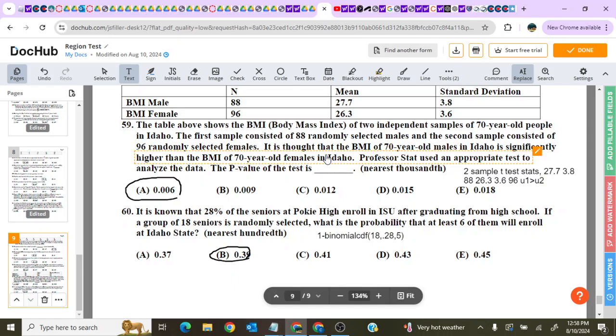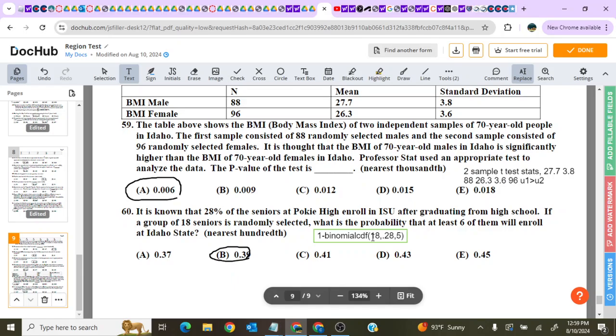It is known that 28% of seniors at Pokey High enroll in ISU after graduating from high school. 18 seniors are randomly selected. What's the probability at least 6 of them will enroll in Idaho State? Well, we need to figure out the probability that at least 6 of them enroll. That's 1 minus the probability that 5 or less enroll, because the entire probability has to add up to 1.